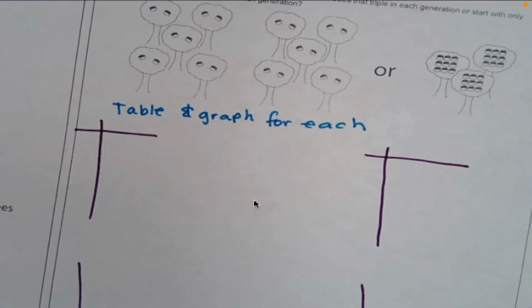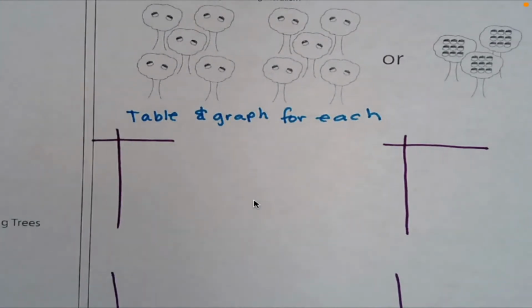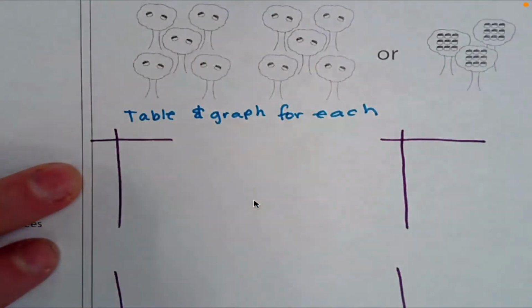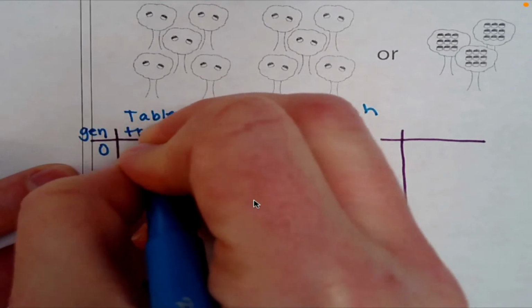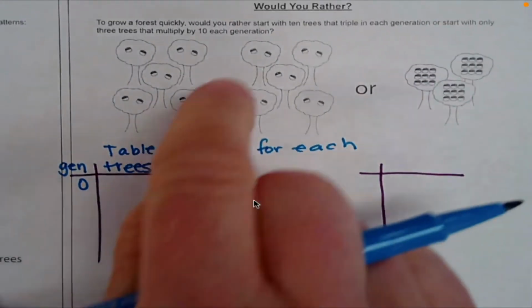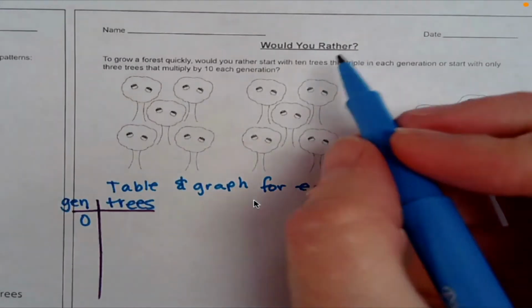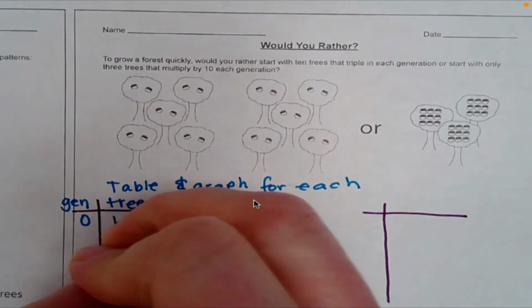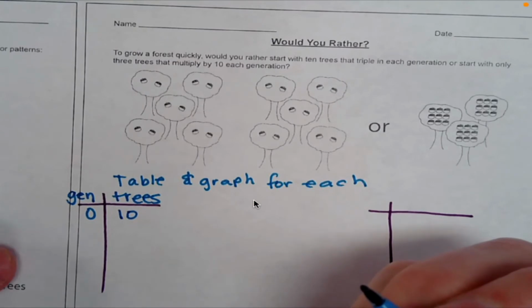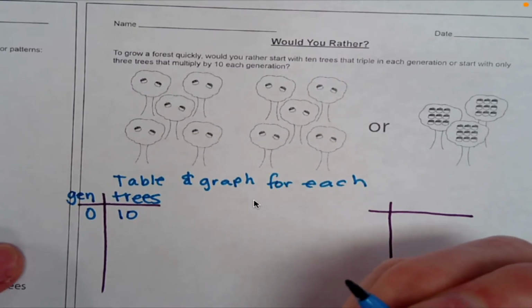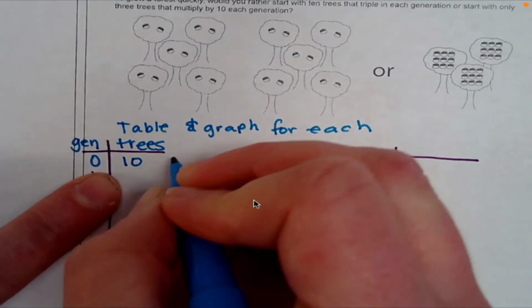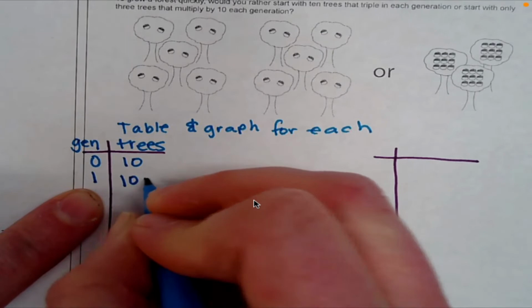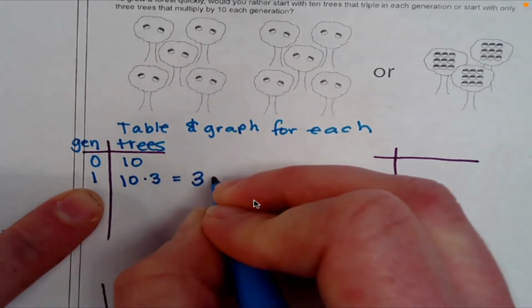All right, so let's see how y'all did. It's okay if you're not done. Let's all look at it together. Let's look at the generation and then the number of trees. So for the first one, this said we start out with 10, right? And then it says it's going to triple each generation. So going from 10, it's going to be 10 times 3 to get 30, right?